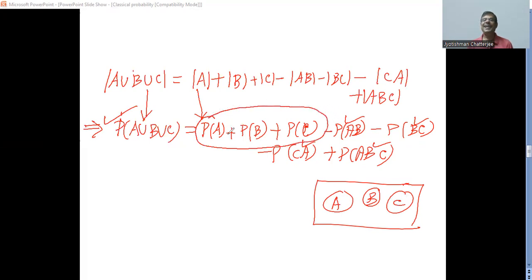Again, you see the similarity? As they are non-overlapping, their probabilities add up like non-overlapping areas. Let me go to the PPT once again.